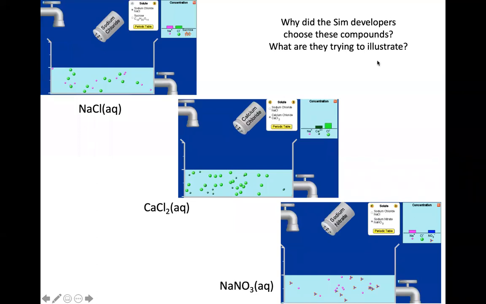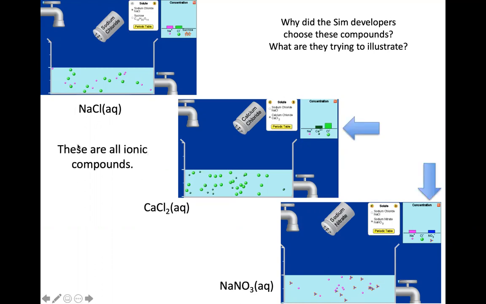And by that, I mean, if I look at these examples, I like the observation that they're all ionic compounds. So one of the reasons I think these were included in the sim was they wanted to show us that ionic compounds are strong electrolytes, that when they're added to the water, they dissociate and they give us these ions. So I think that's one of the reasons that they chose these.